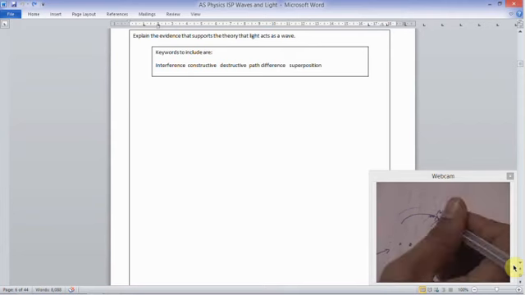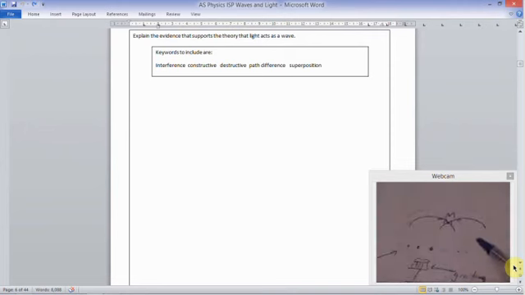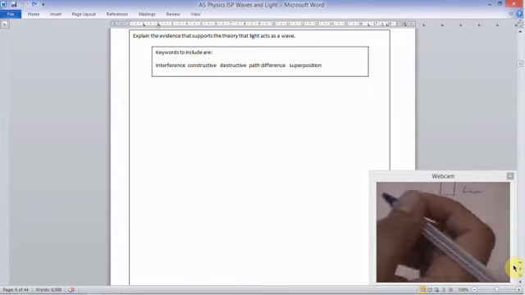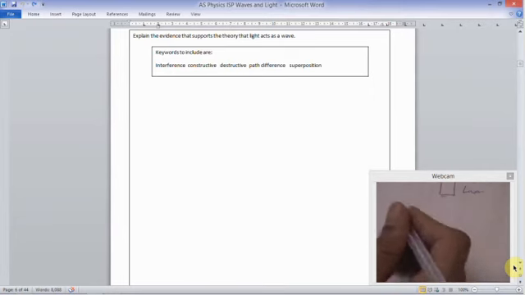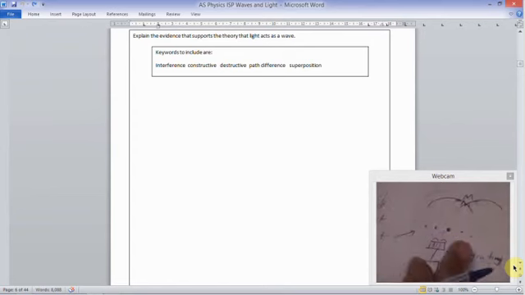So remember, these points over here are constructive interference, these points are destructive. So this is constructive here, and these are destructive in between. Destructive is where you end up with nothing afterwards, constructive is where you end up with a lot afterwards. Now, in terms of the waves adding together, that's where the principle of superposition comes into it.